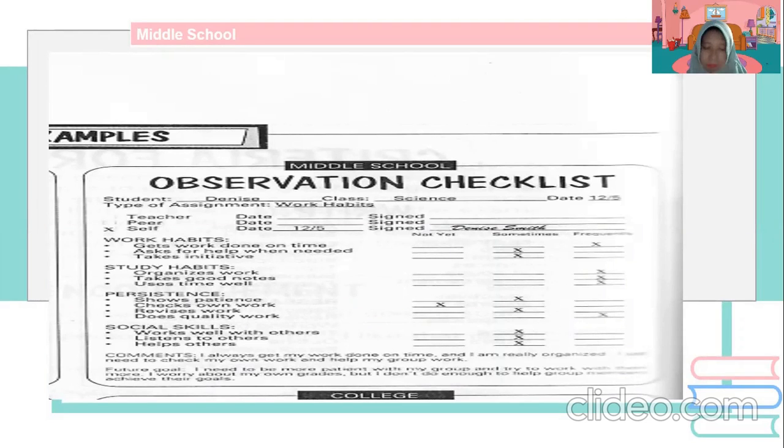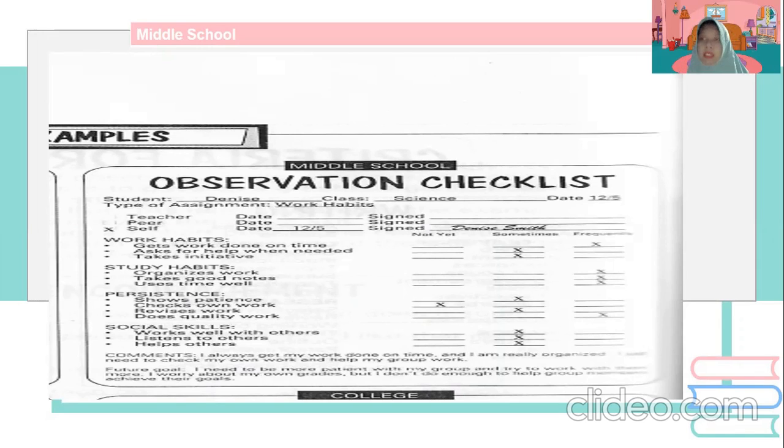I repeat, on the future goals, Dennis put that I need to be more patient with my group and try to work with my group more. I worried about my own grade, but I don't do enough to help the group members achieve their goals.